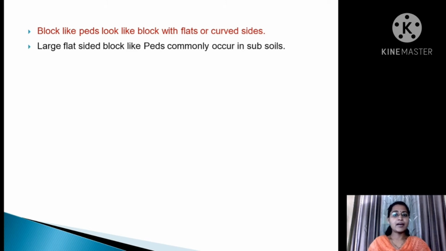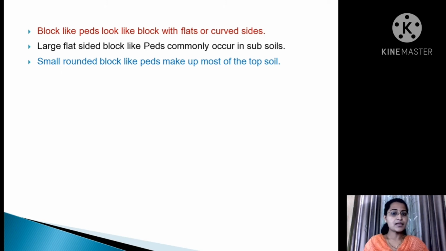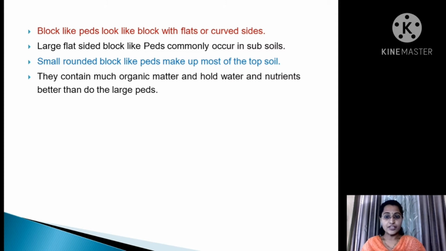Large flat-sided block-like peds commonly occur in subsoil. We know what the subsoil and the surface soil are. Small rounded block-like peds make up most of the topsoil. They contain much organic matter and hold water and nutrients better than the large peds.